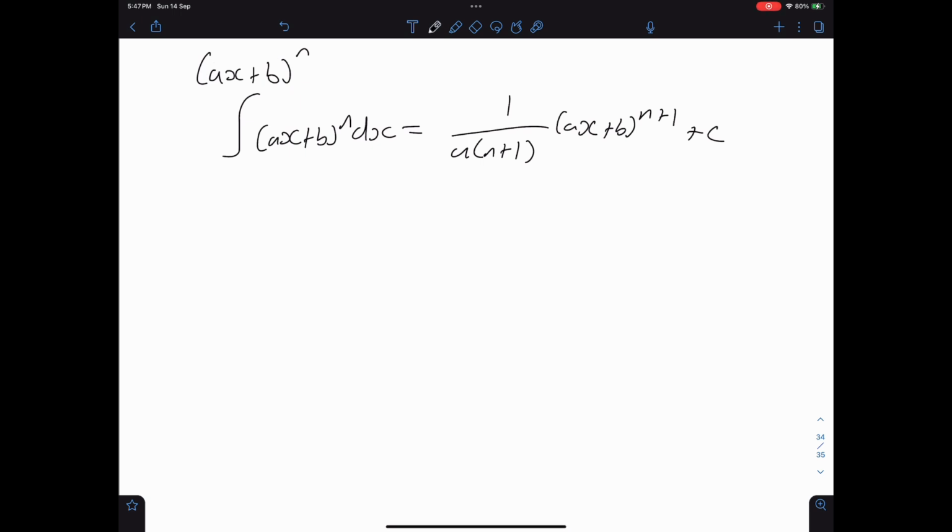Let's think about something like dy/dx equals 6(2x + 5)^9, and let's say we're just trying to integrate this.